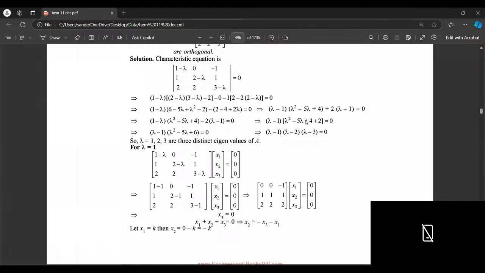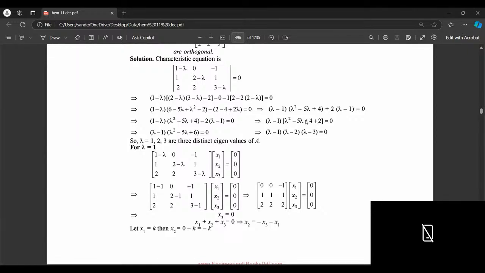Then to find the eigenvectors, we need to write A minus lambda I into x equal to 0. Which is written here: A minus lambda I, which is a matrix, and x is the vector x1, x2, x3. You can write 3 variables, a 3 by 3 matrix is there. So you can write the matrix A minus lambda I into x equal to 0.